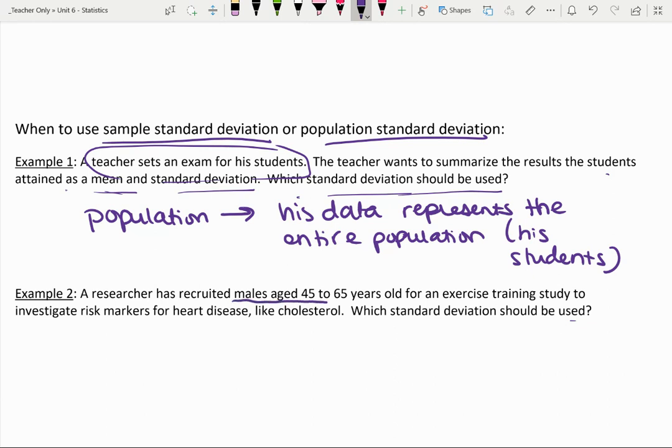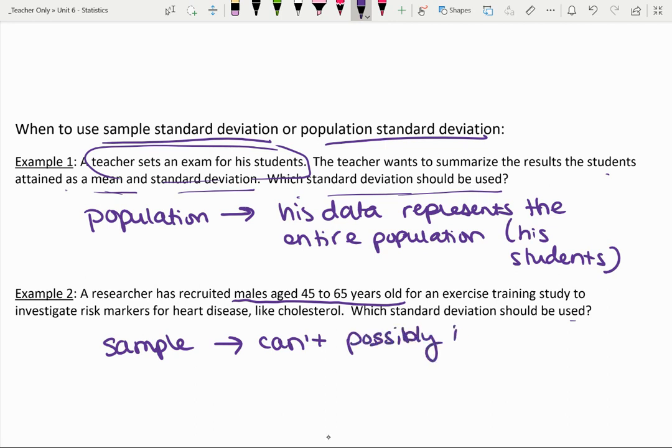Well, if we're recruiting males aged 45 to 65 years old, there are millions of men in the country right now who meet that criteria, and potentially a billion in the world. So this has to be a sample. We can't possibly research or ask all of the males who meet that criteria.